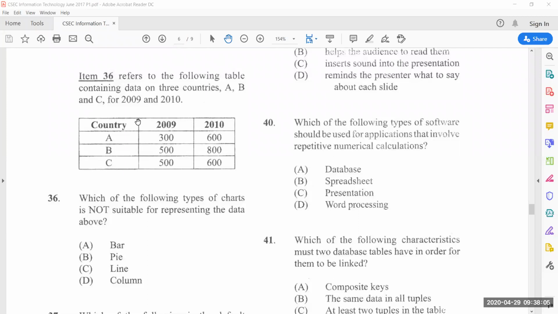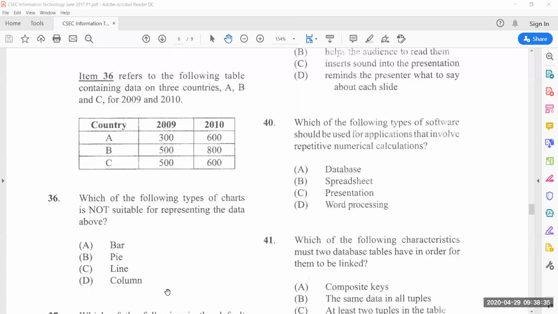Which of the following types of charts is not suitable for representing the data above? Right, so the answer for 36 is B. The pie chart will not be suitable for representing this data.